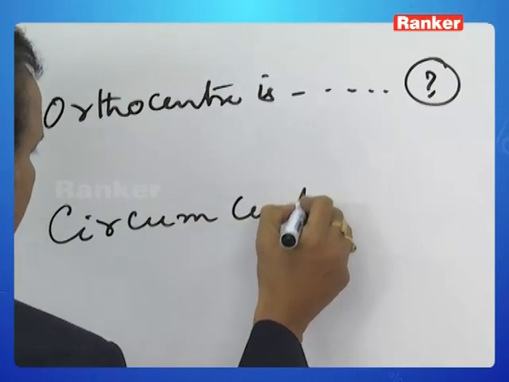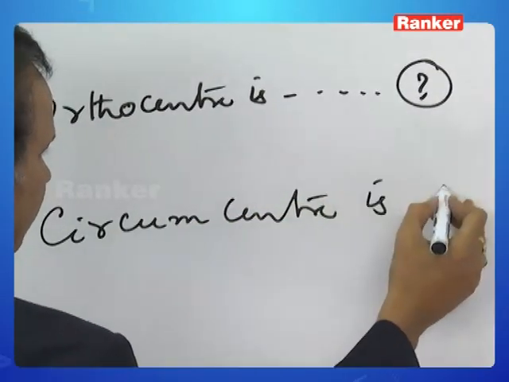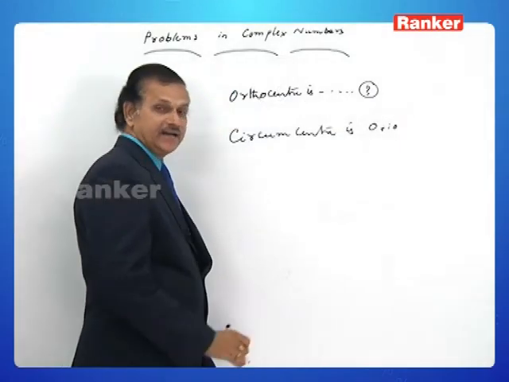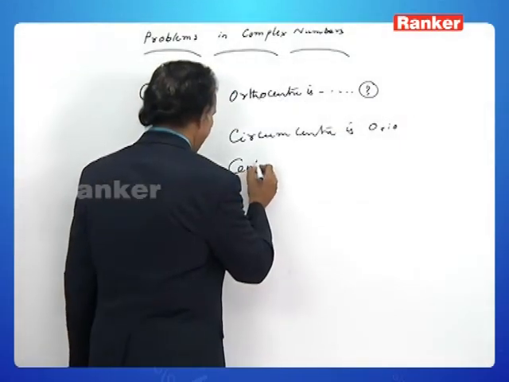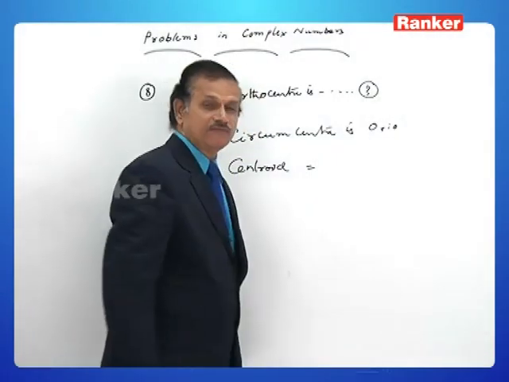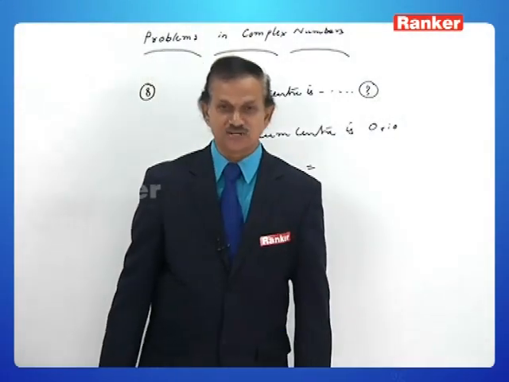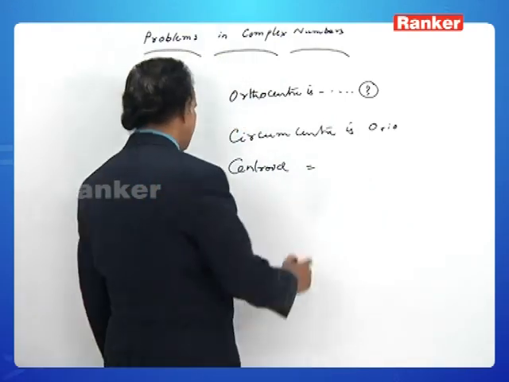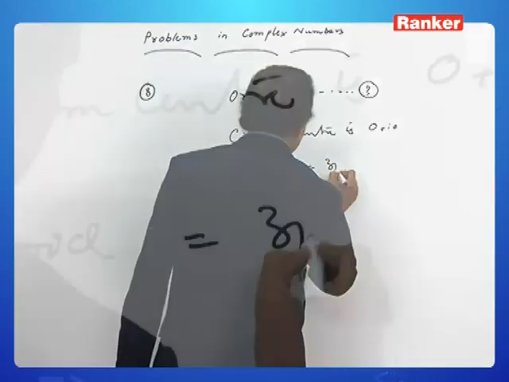Circumcenter is the origin, that is 0 plus I 0. And centroid, what is the centroid? We know the vertices are Z1, Z2 and Z3, hence the centroid is Z1 plus Z2 plus Z3 by 3.